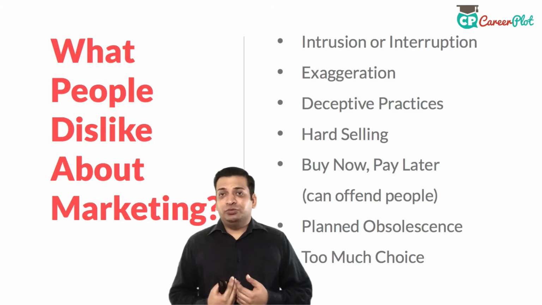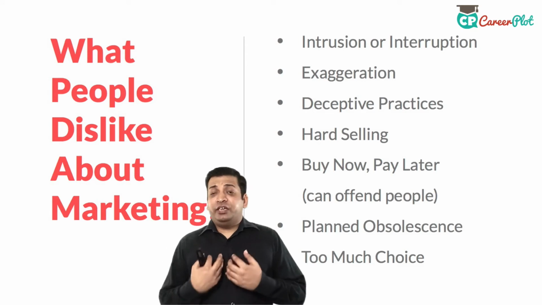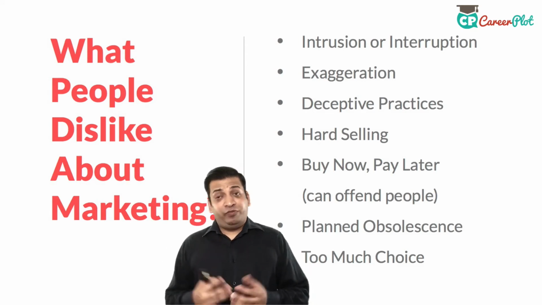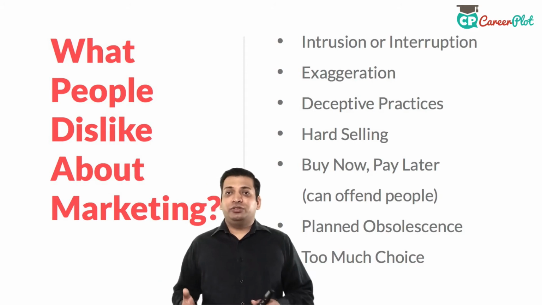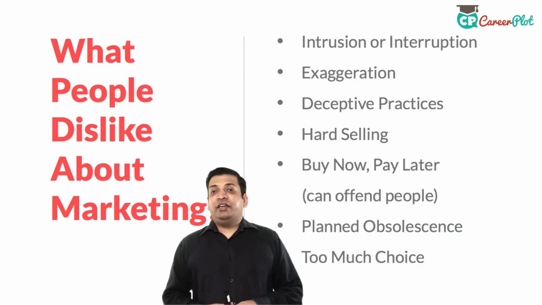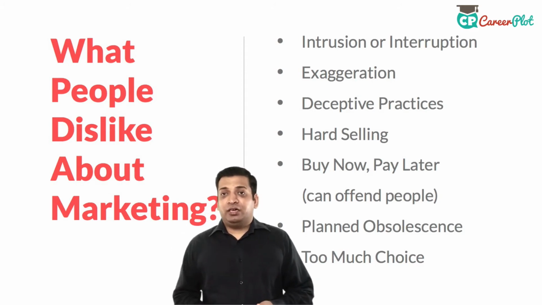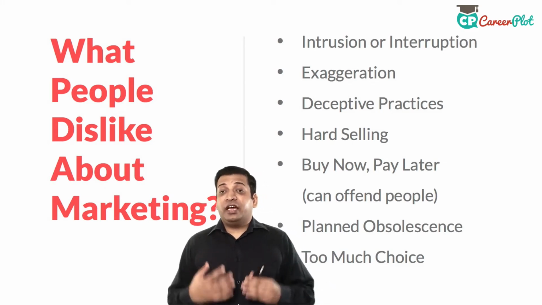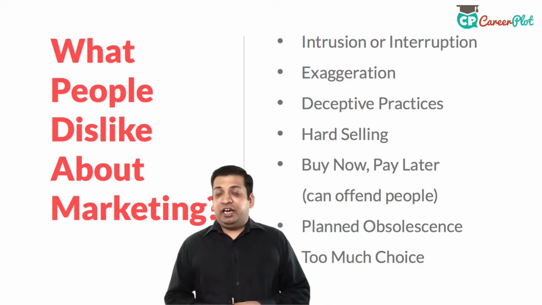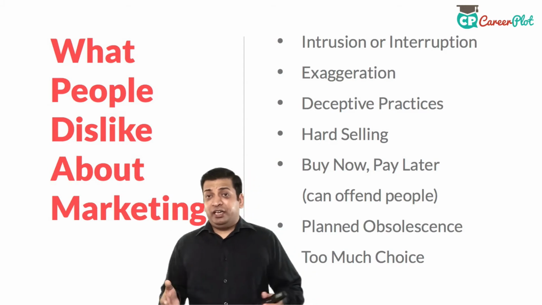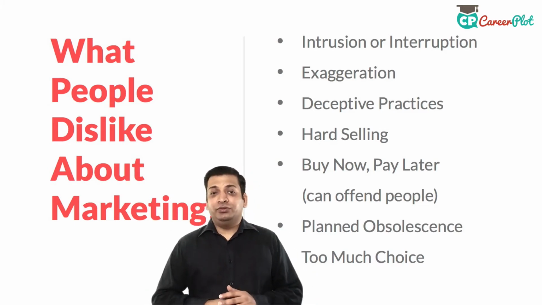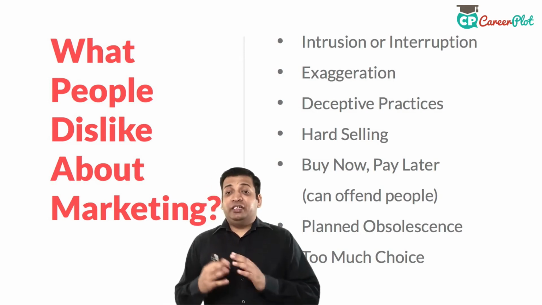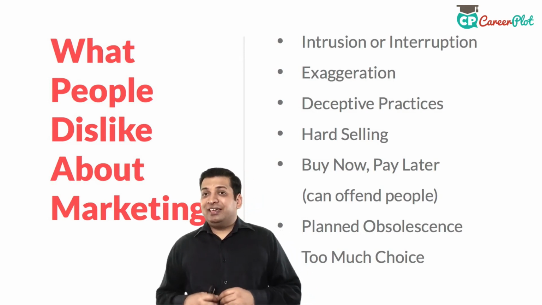So let's say I'm watching a movie and I'm really engrossed in a very good movie, and suddenly the movie takes a commercial break and goes into an advertising segment, and I will really hate that part, right? So I do not like intrusion in marketing. I do not like it when I'm reading an article and an ad pops up in my face and blocks my article view. So people do not like intrusion or interruption.